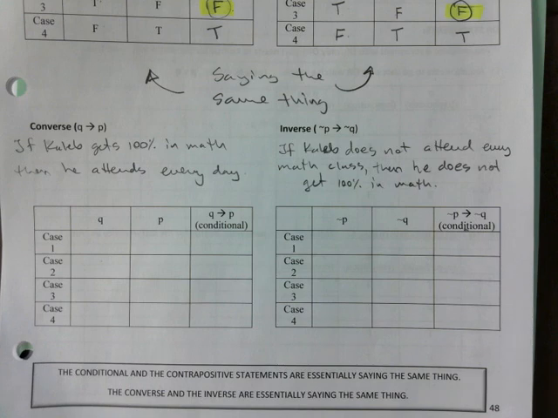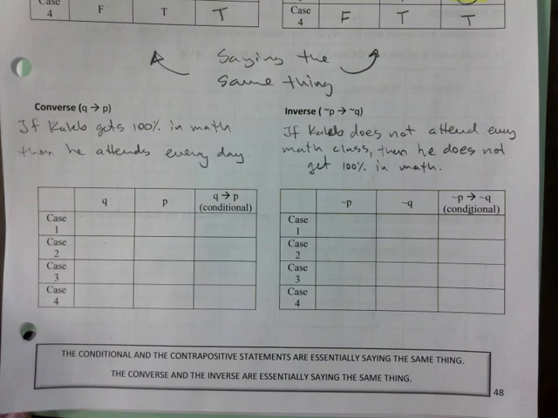So I've rewritten them. This is just to practice what we did yesterday already. Technically, this should be pretty doable for you at this point. But let's fill in the truth tables.